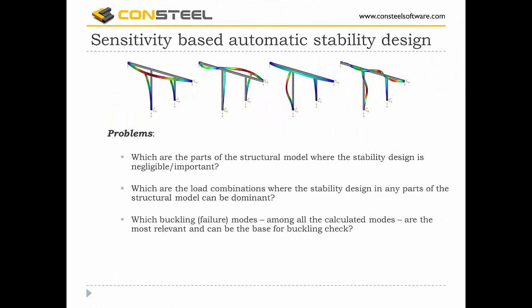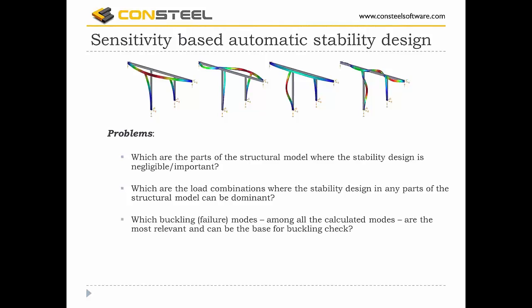And the second is the sensitivity-based automatic stability design. What are the problems in a complex structure? If we model a complex structure with all the parts, there are several problems in stability design if we want to do it efficiently and fast.